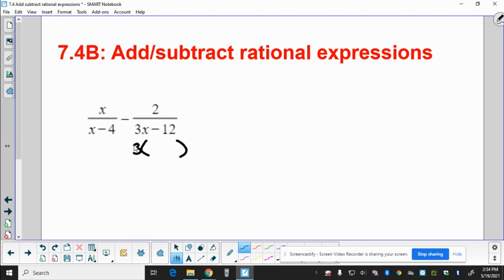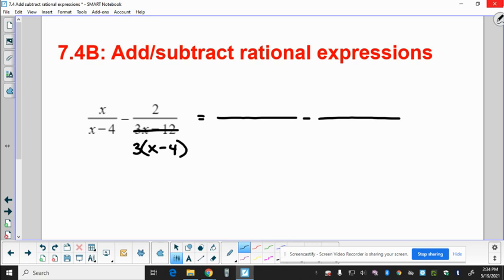So I'm going to factor out a 3 and picture the denominator looking like that. And now I'm going to carefully think about what's the least common multiple, or least common denominator, between these two.